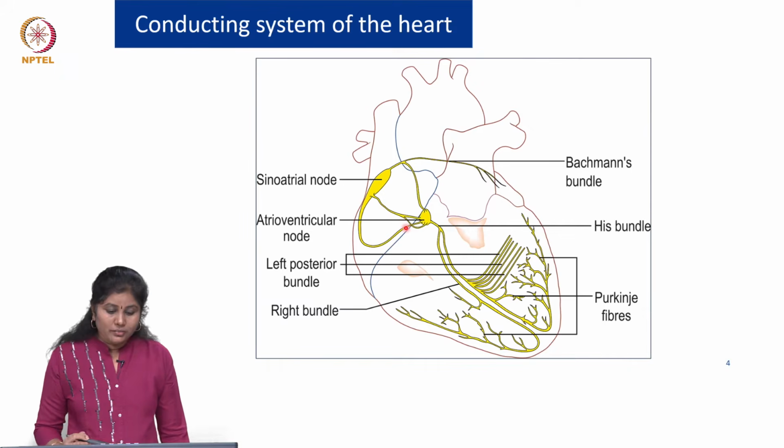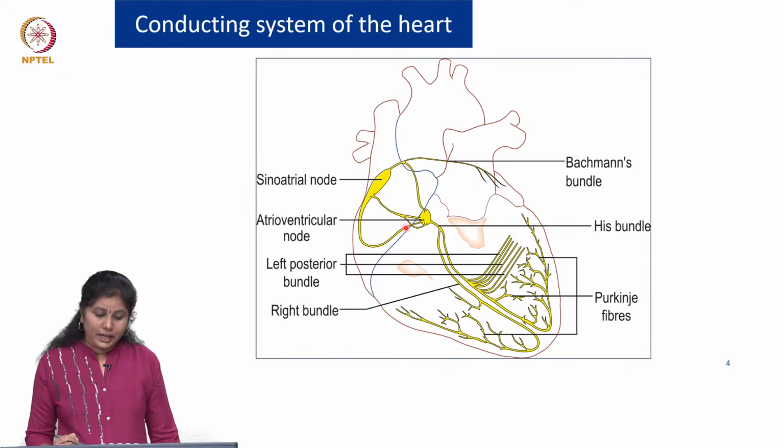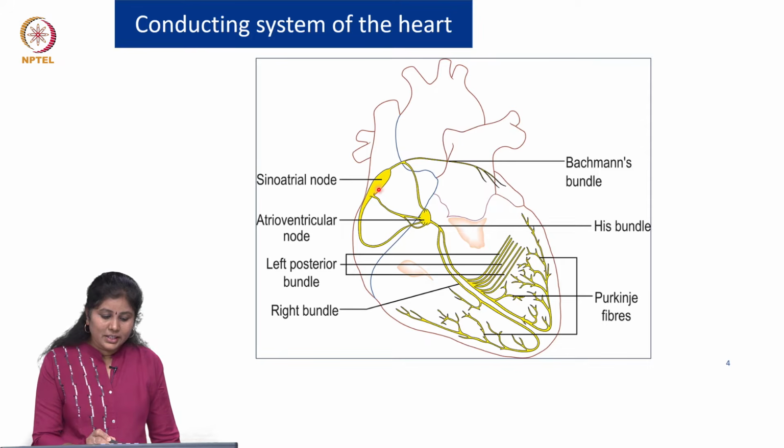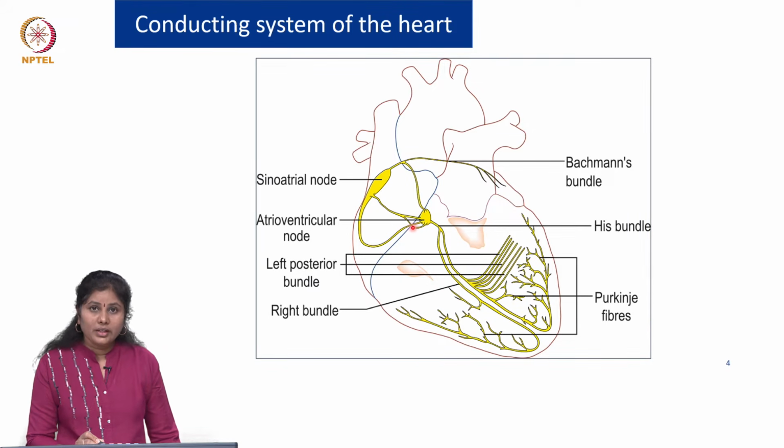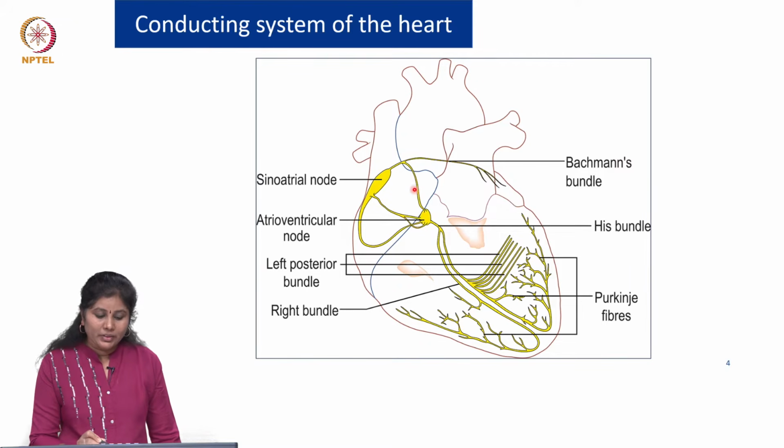In this picture, we are seeing the conducting system of the heart. You can see here, this is a structure present in the roof of the right atrium. This is the SA node. There is another structure in the floor of the right atrium which is called the AV node. These two structures are connected to each other by means of three internodal tracts, the anterior, middle and the posterior internodal tract.